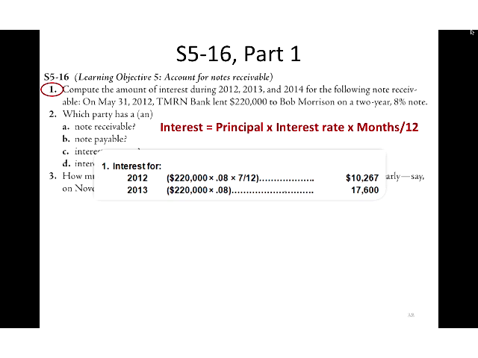So for 2014, this note gets paid off. It matures in 2014. It was a 2-year loan. So on May 31st, 2014, Bob is going to pay the bank back. So what we're going to have for interest for 2014 is the $220,000 times the 8% times the number of months in 2014.